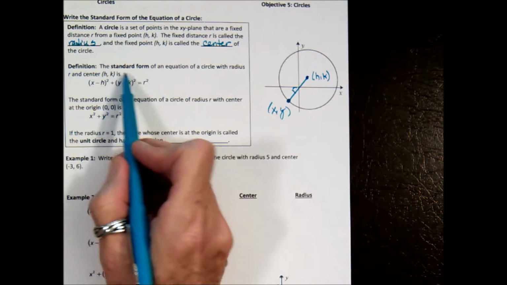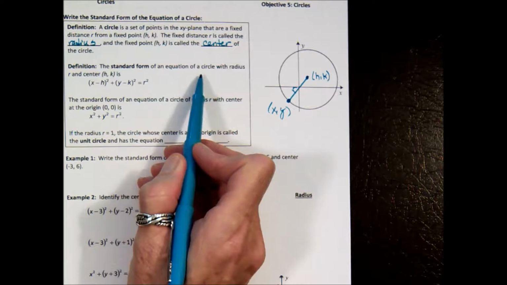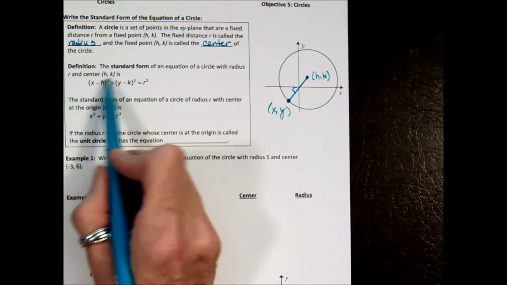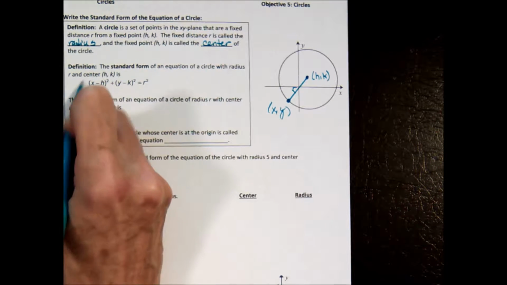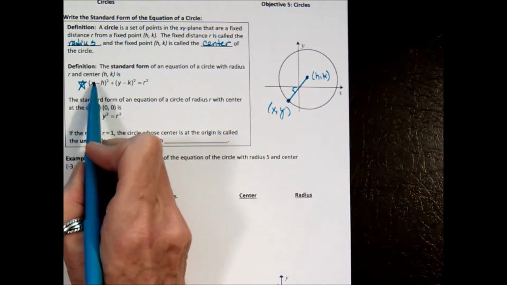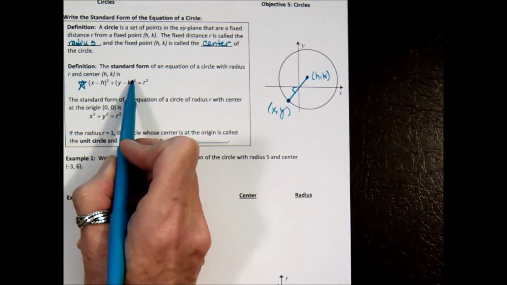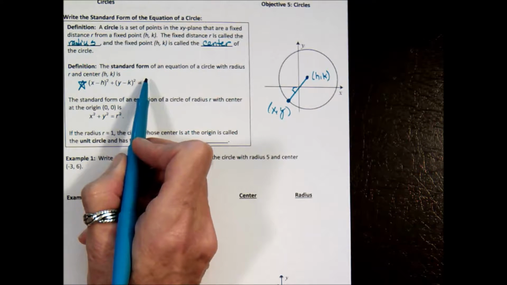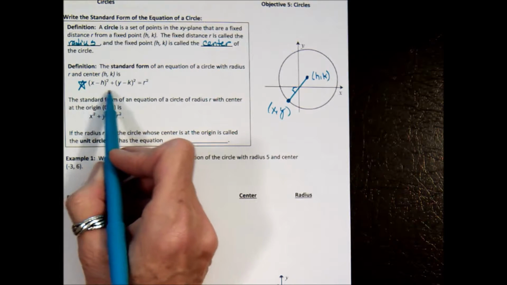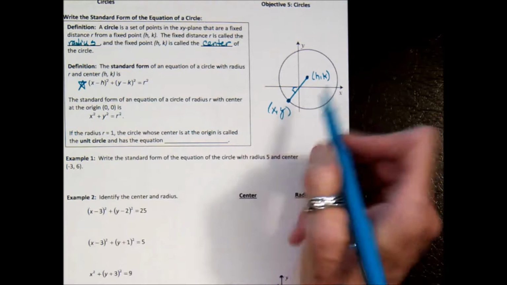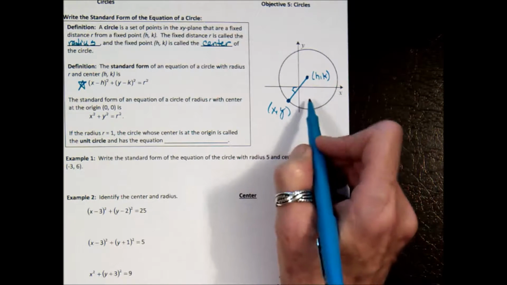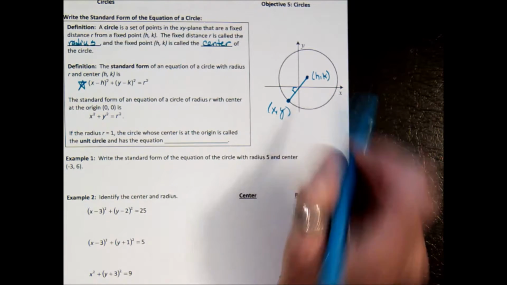So the standard form of an equation of a circle with the radius r and center (h, k) is this, and you need to memorize this: (x minus h) squared plus (y minus k) squared equals r squared. And you might notice this is similar to the Pythagorean theorem because that's where it actually comes from. I'm not going to show you the derivation here, but it does.